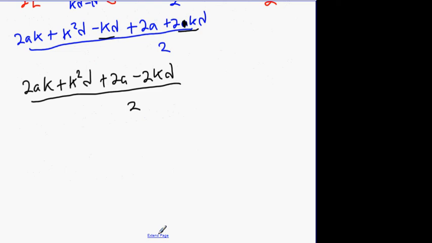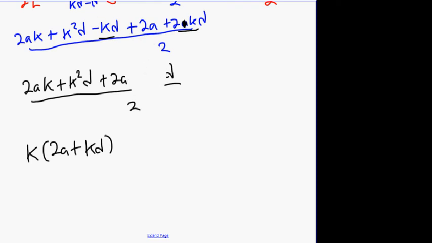Now, what we can do here is factorize the left hand side. We can take out k into 2a plus kd. So k into 2a, and that's plus 2kd minus kd, so it's just going to be plus kd.